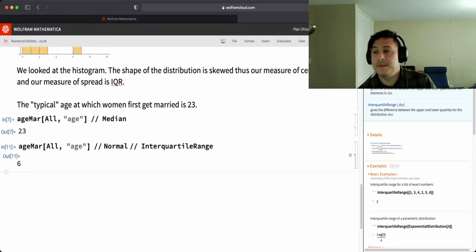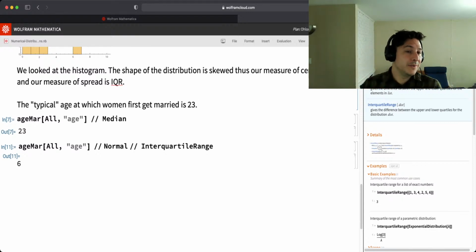So, what does this mean? If you were to guess one number about how old women are when they get married, it would be 23. But the 6 tells you that you can go 6 in either direction.